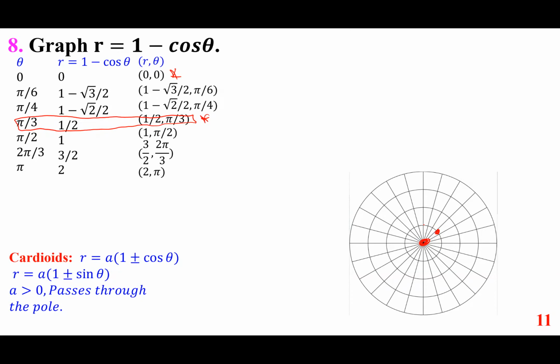And another easy one: at pi over 2 it is 1. Again, by no means is this to scale. And at pi it is 2, the last one is also easy. So let's assume this is 2, so it'll look like this.